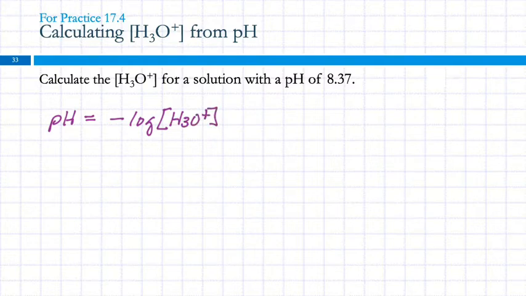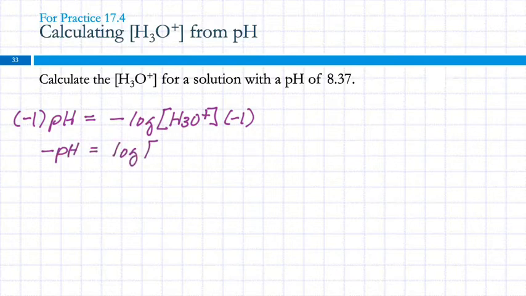But we want the hydronium ion concentration. So if I multiply by -1, now I have negative pH equals the log of the hydronium ion concentration.